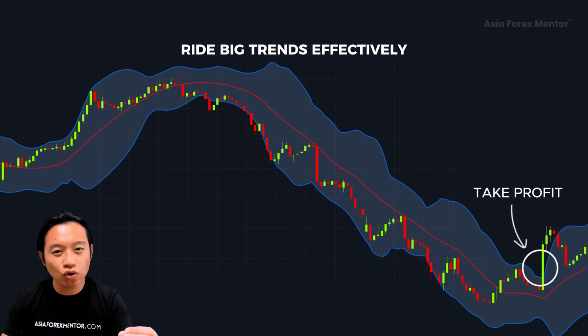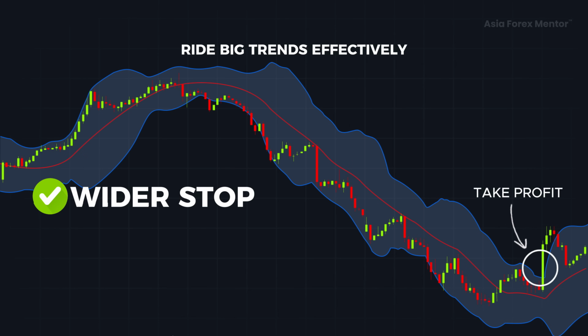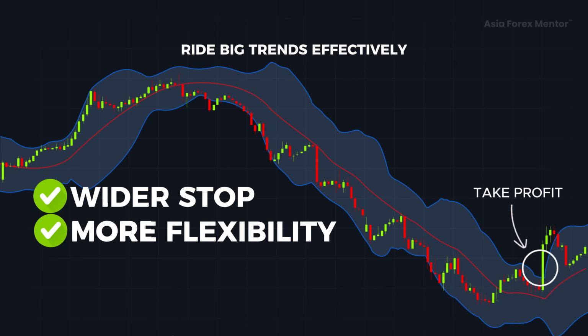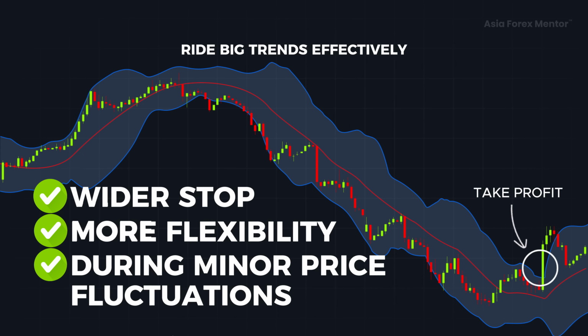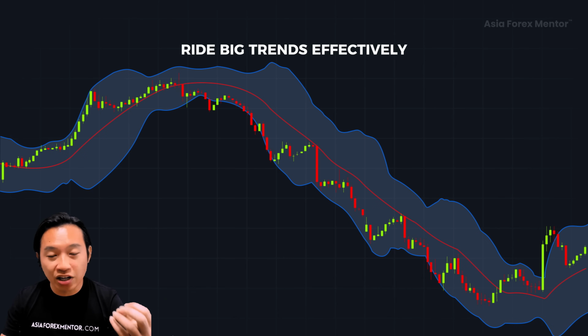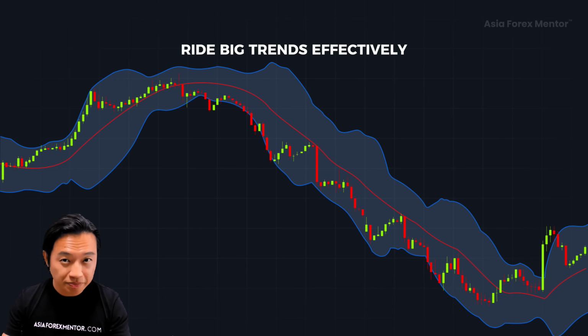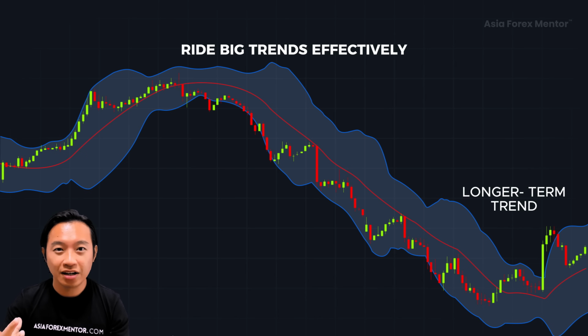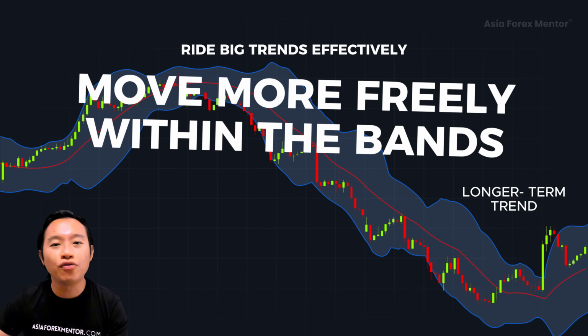This allows you to have a wider stop and gives the trade more flexibility, especially during minor price fluctuations. By doing this, you increase your chances of capturing a longer term trend, as you're allowing the market to move more freely within the band.